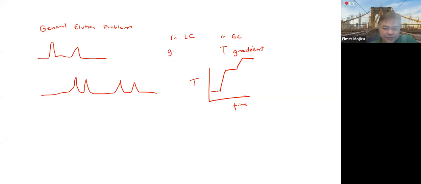We use the gradient condition. Okay, so when we say gradient, you have a changing composition of your solvent. So yan yung pag-solve ng tinatawag nating general elution problem.